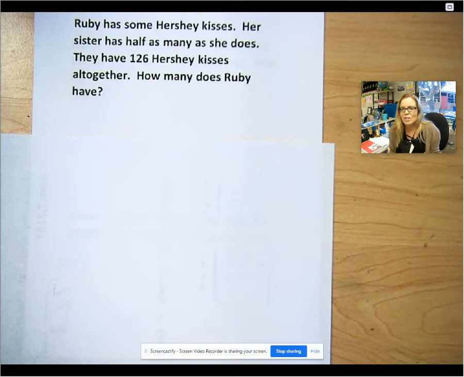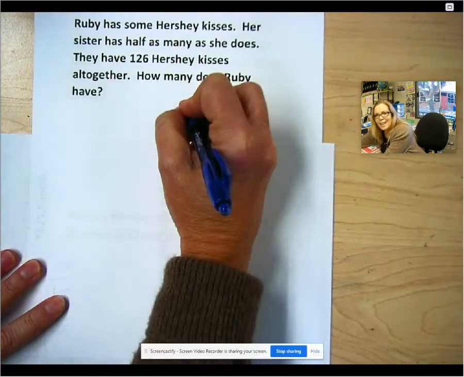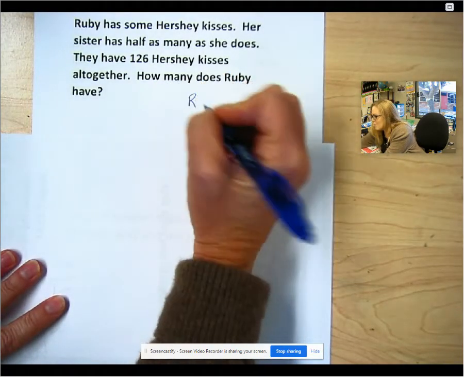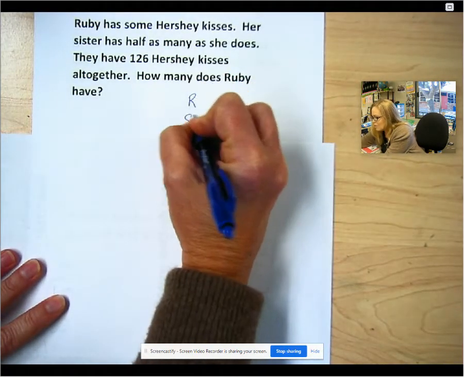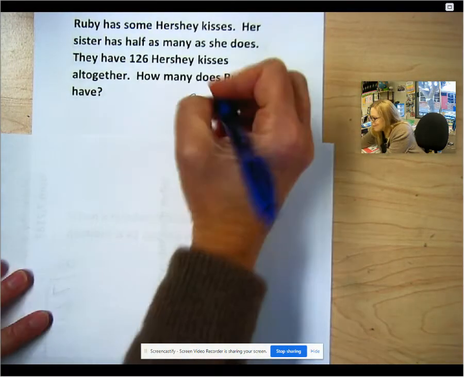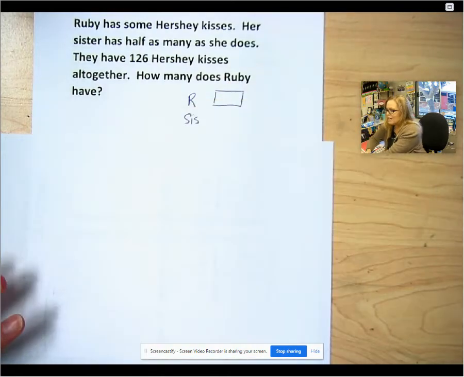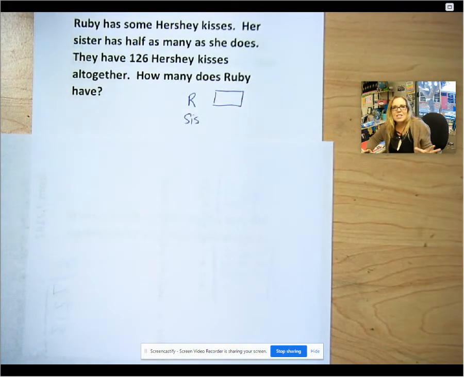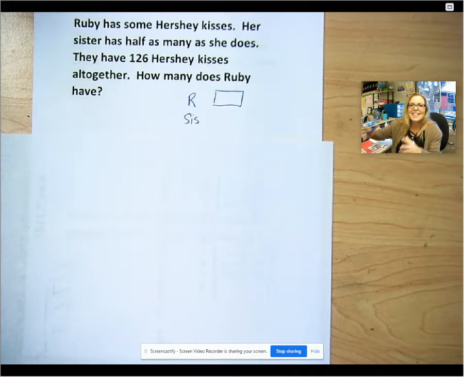It's just like those twice as much. So let's kind of draw our model, and I think that'll help you get set up. So here's Ruby, here's her sister. And it says Ruby has some, but we don't know how many. But then it says her sister has half as much as Ruby has. So what does that mean? It means she has less.